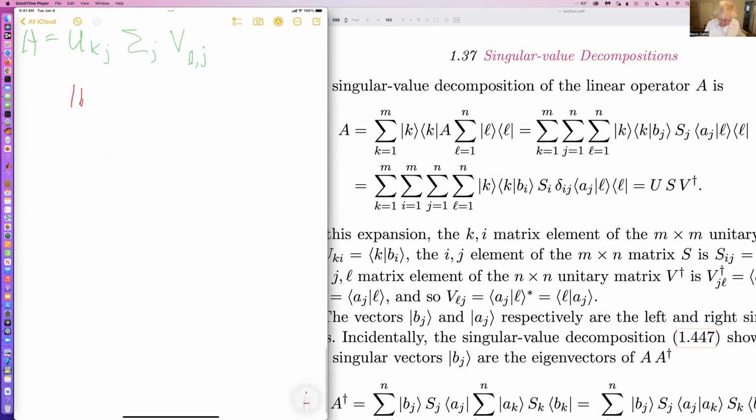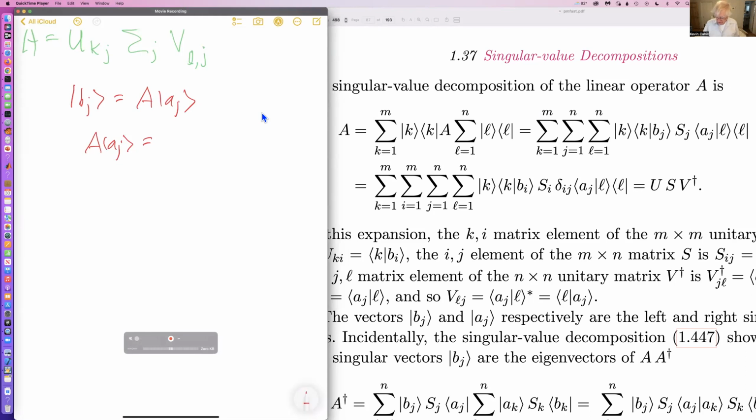that is to say, B_j is A A_j, and of course, A_j is an eigenvector, and I don't remember quite what I called it.